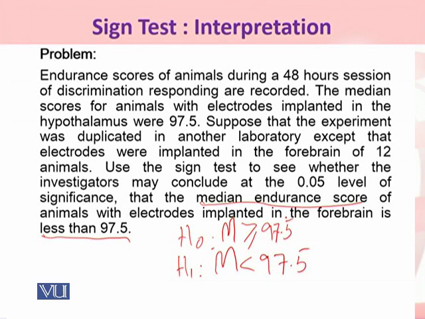So we have entered the data into SPSS, and we have followed the procedure to obtain the Wilcoxon signed rank test, which is the non-parametric alternative of the one sample t-test. Let us now look at the interpretation of the results, that is, what we are going to infer from the results we have obtained in SPSS.